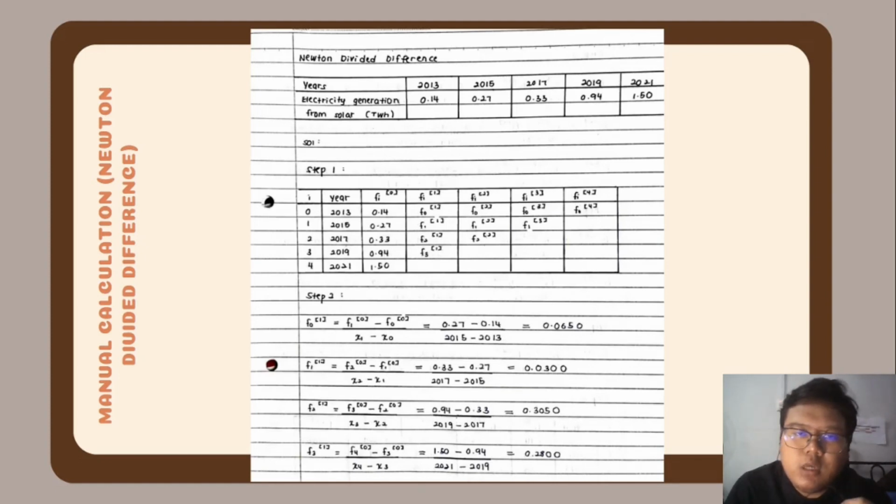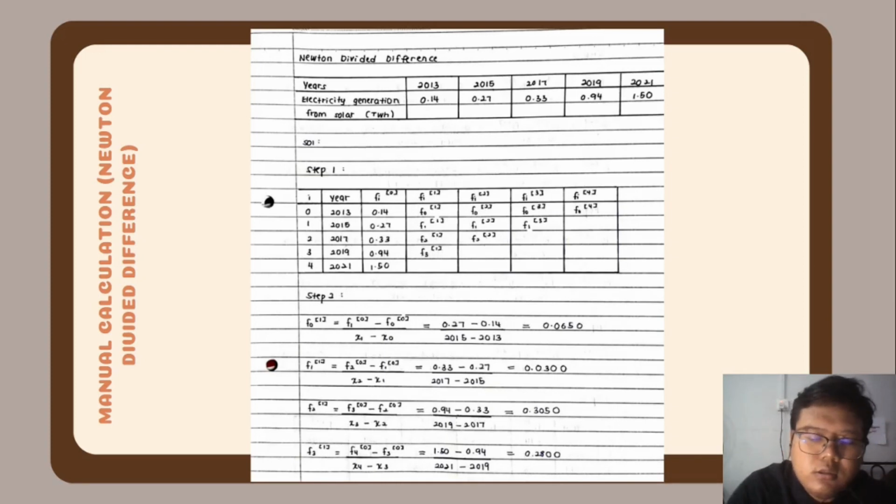We put the new table and list all the information we need to solve. For step 2, we need to find the first Newton divided difference, and we will use the information from the table above.